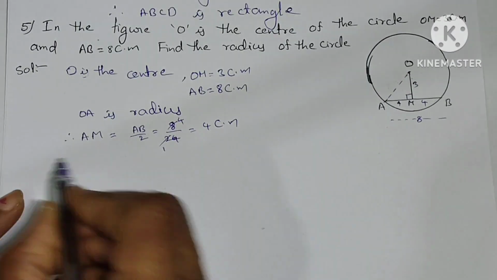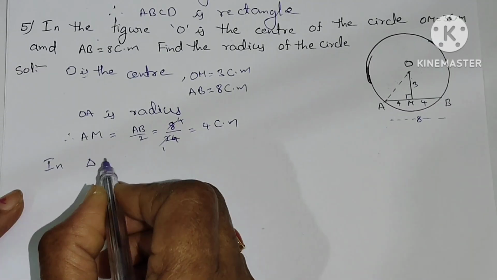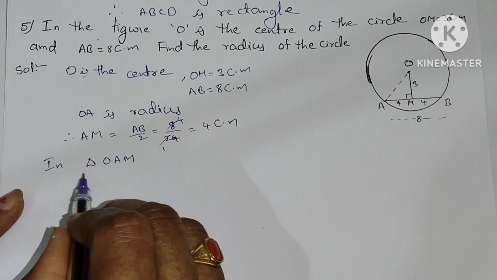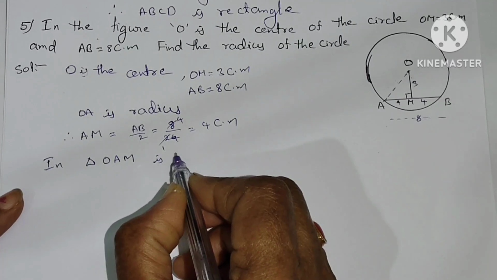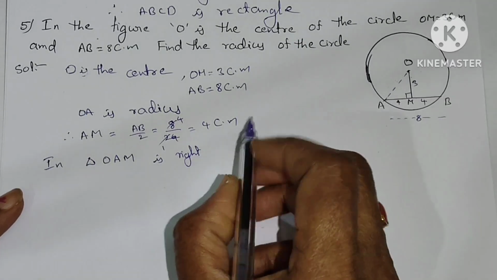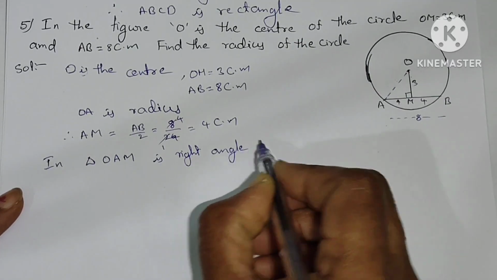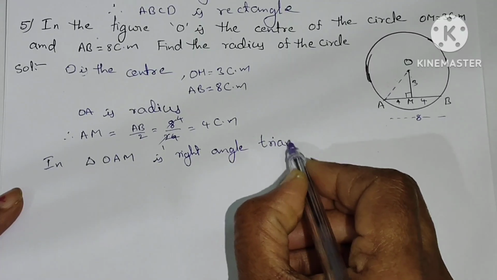So in triangle OAM, which is a right angle triangle, we use the Pythagoras theorem.